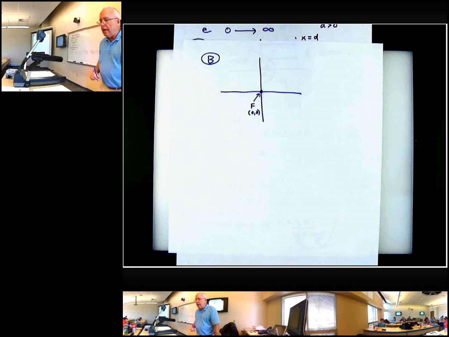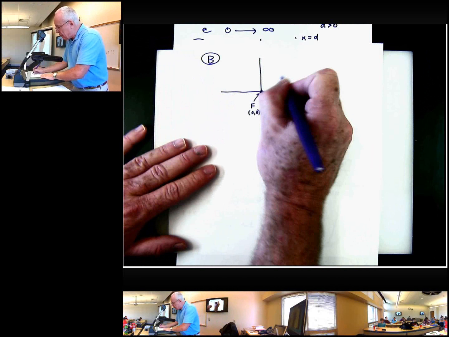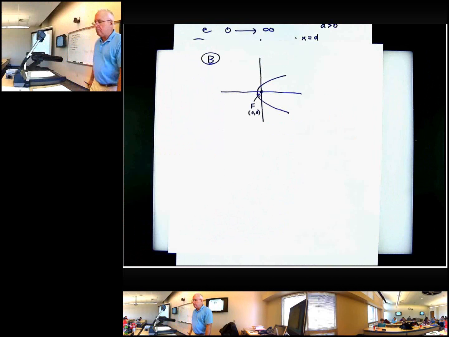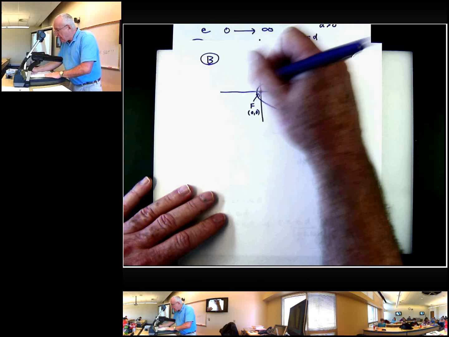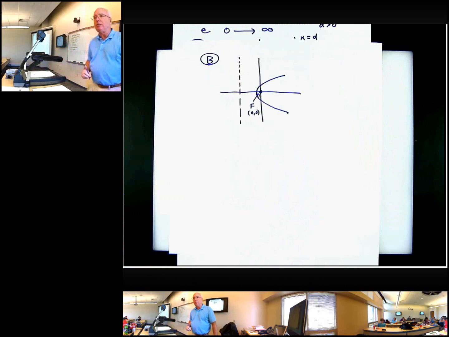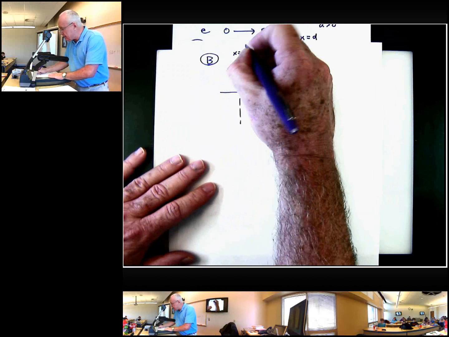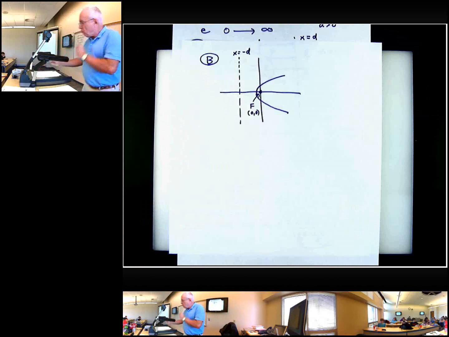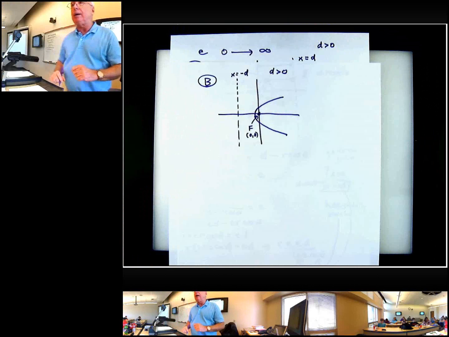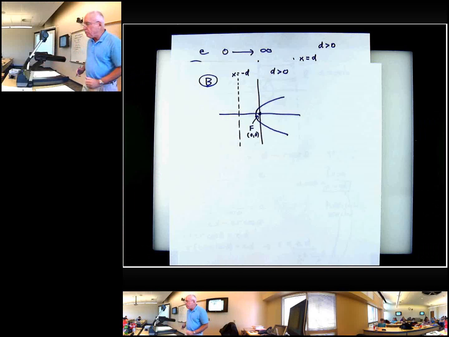We're assuming that it's horizontally oriented, but now we're looking at it going this way. So over on this side, we're going to have that directrix vertical line. This vertical line is x equals negative d. We're always assuming in all of these cases that d, that small d, is a positive number. So this is over on the left where the x's are negative.